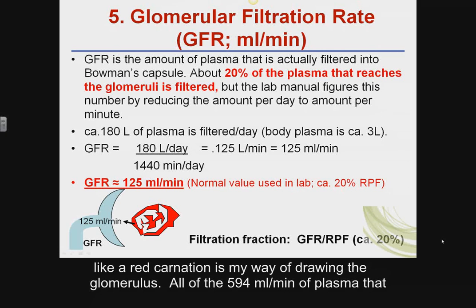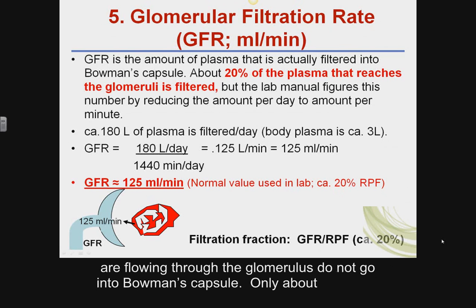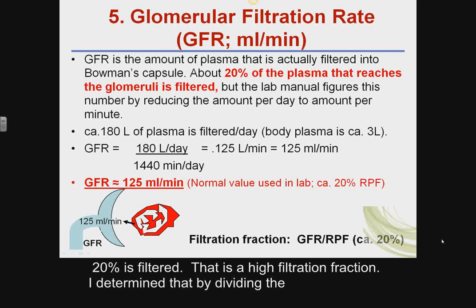All of the 594 milliliters per minute of plasma flowing through the glomerulus does not get into Bowman's capsule. Only about 20% is filtered. That is a high filtration fraction. I determined that by dividing the GFR by the RPF. Again, it is about 20%.